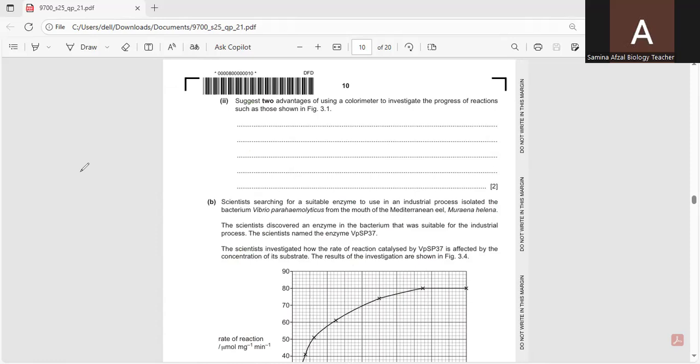So I would like to write all these two points which I have told you about the calorimeter. First, the calorimeter allows the measurement of absorbance of a solution without needing to remove samples.